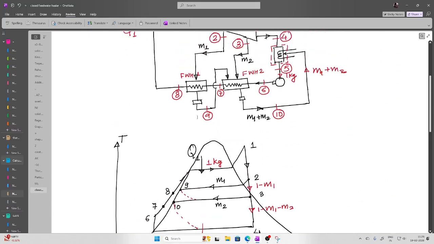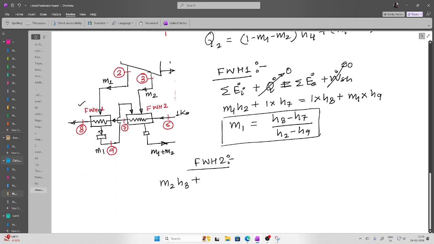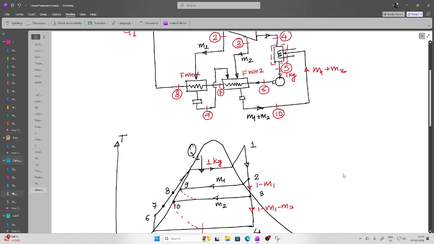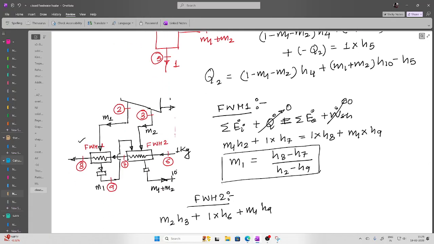If you look, this is 1 kg, so it is 1 into H6. M1 is also entering at H9. So this enters, this enters, this enters, and the amount which is leaving is M1 plus M2, and this 1 kilogram at 7. What is the state of M1 plus M2? This is nothing but state number 10.